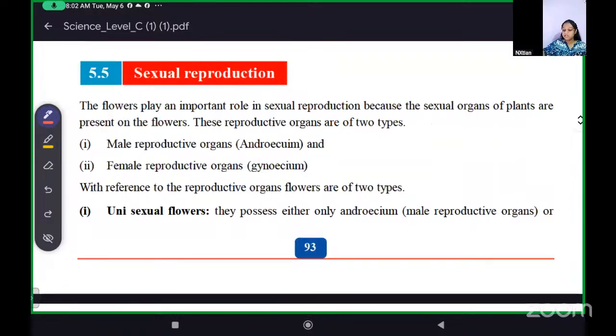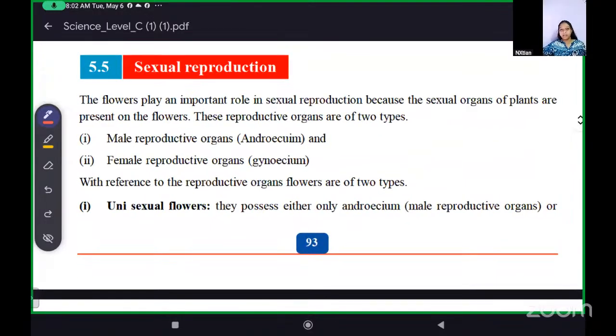Now, today let's begin with sexual reproduction in plants. The flowers play an important role in sexual reproduction because the sexual organs of plants are present in the flowers.